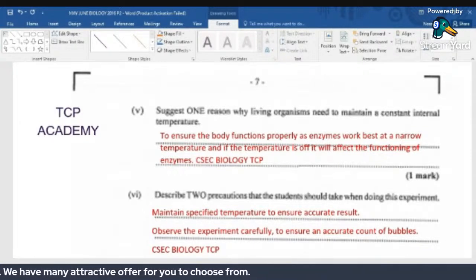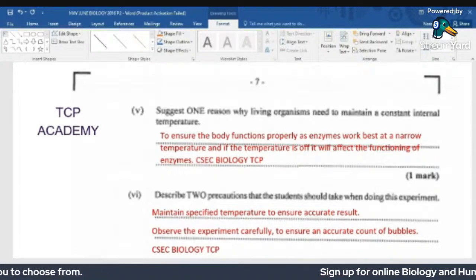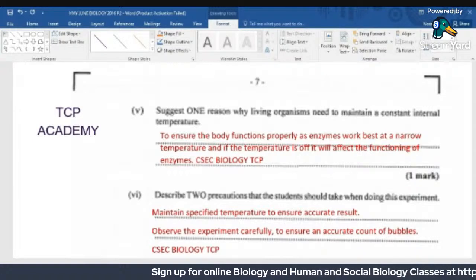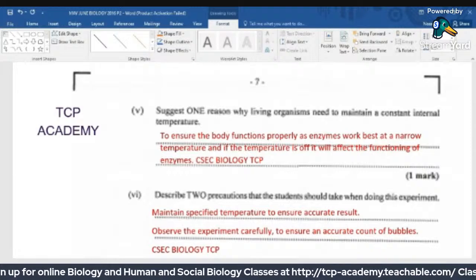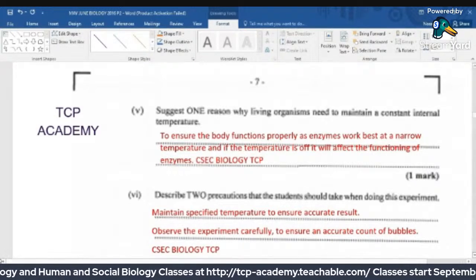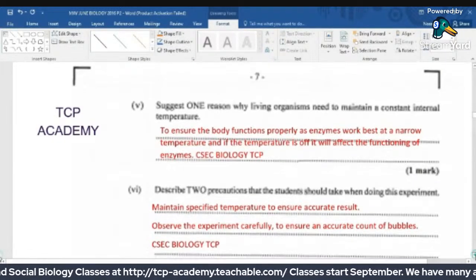So, describe 2 precautions the student should take. Here it is something that the student should do to ensure that the experiment goes as planned. So here they need to maintain that temperature, and of course they need to do that count properly.